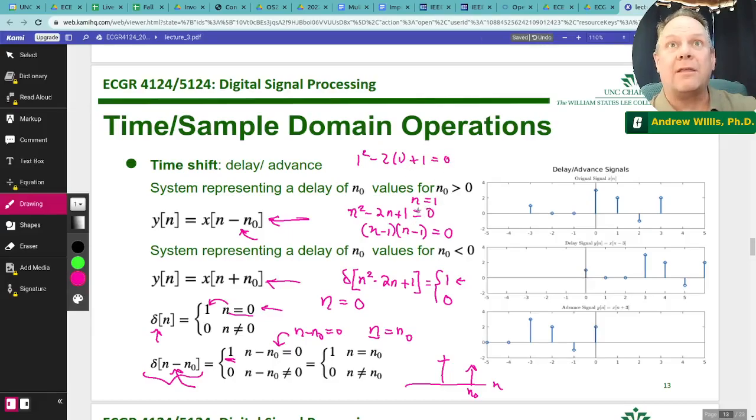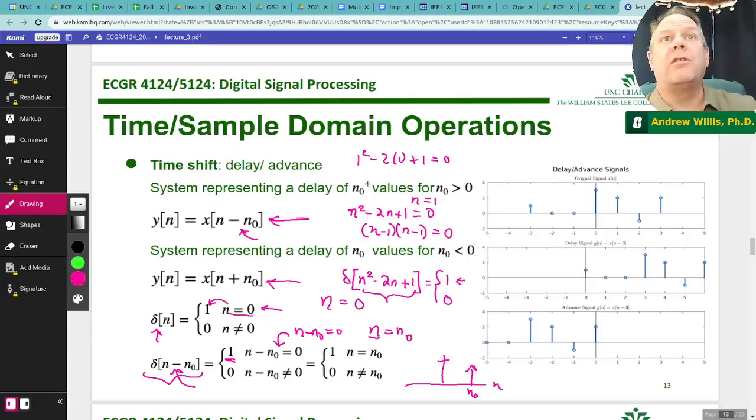So it's correct. But what's critical here is this abstract thinking. I have a delta function, and there's something complicated in the argument of it. What I need to do is find the integer value of n, since n is an integer, that satisfies this equation equal to 0.